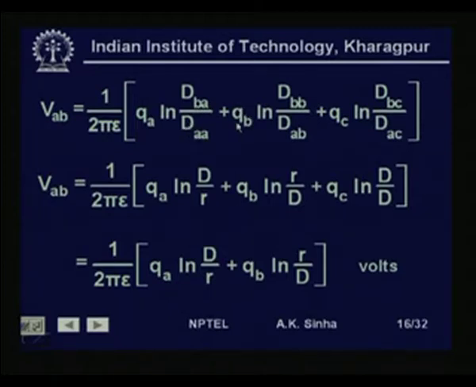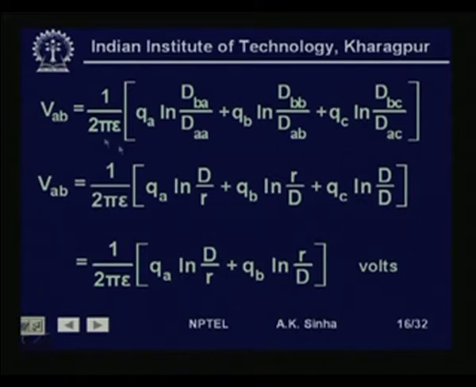Due to charge QB, it will be plus QB ln dBB by dAB, that is distance of conductor B to conductor B divided by distance of conductor B to conductor A, and due to charge QC, ln dBC by dAC, that is distance from conductor C to conductor B and distance from conductor C to conductor A.